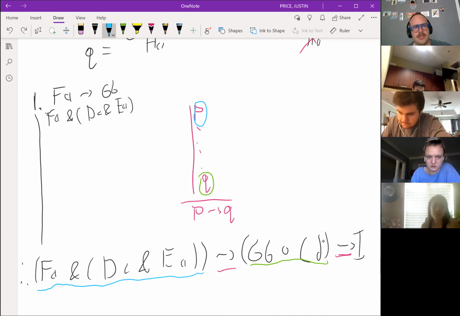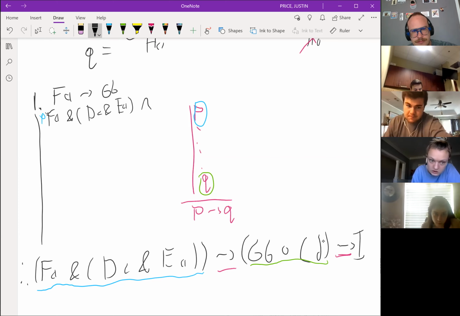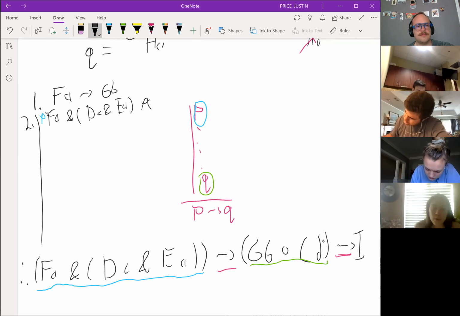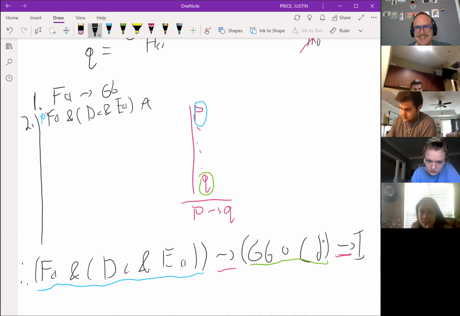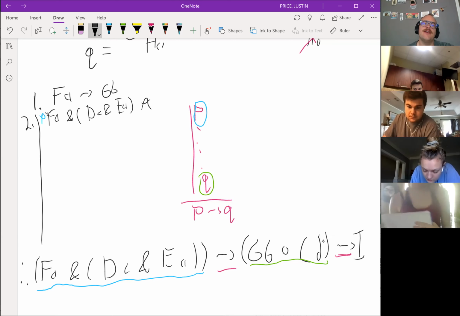So this is the P part of our assumption rule. Wait, so you have to assume the whole antecedent? Yeah. Oh, okay. Yeah. But that's what you want to do also, because it gives you more things to work with, right?